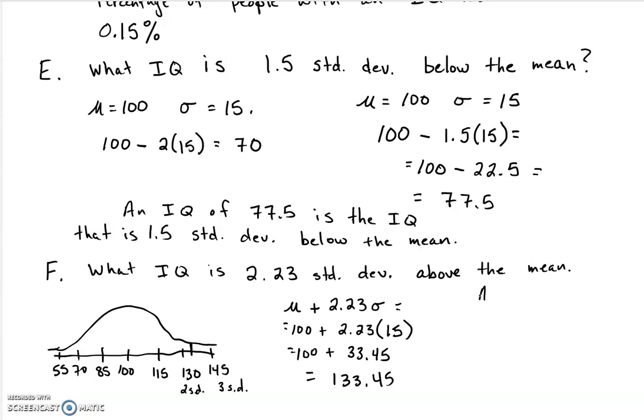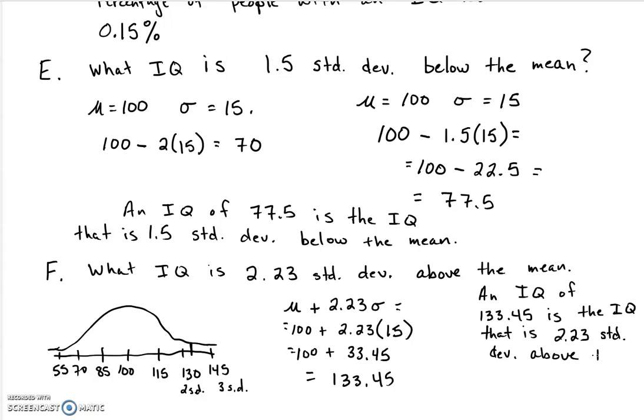So an IQ of 133.45 is the IQ that is 2.23 standard deviations above the mean.